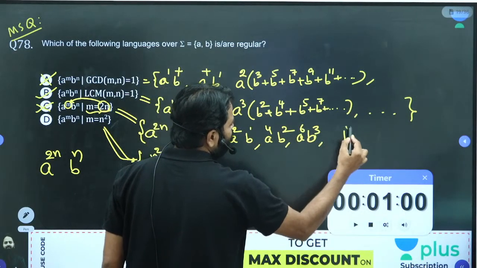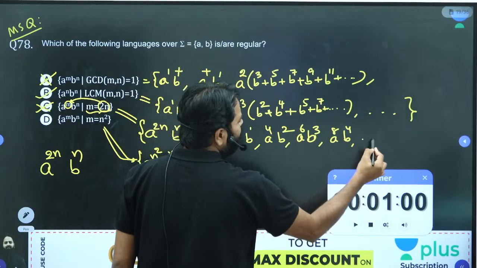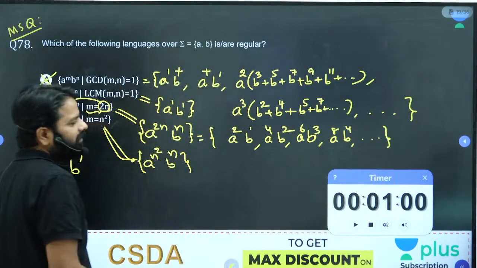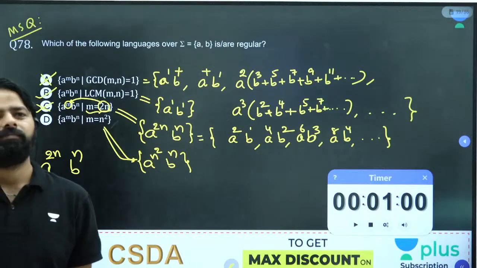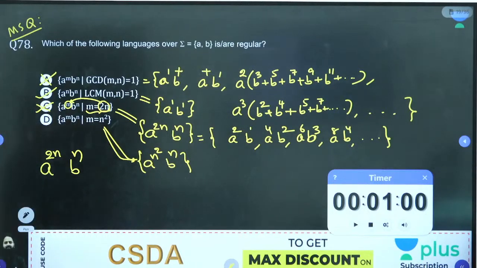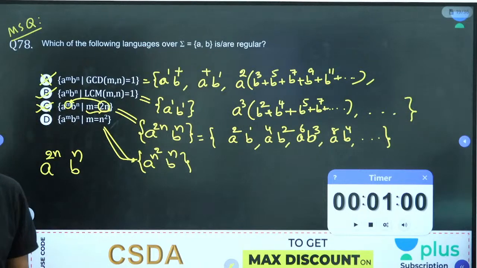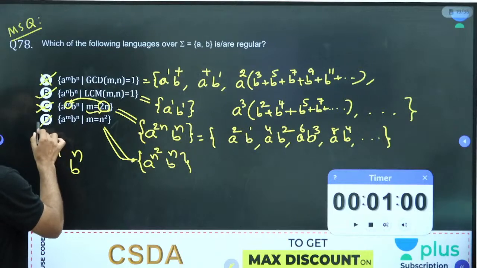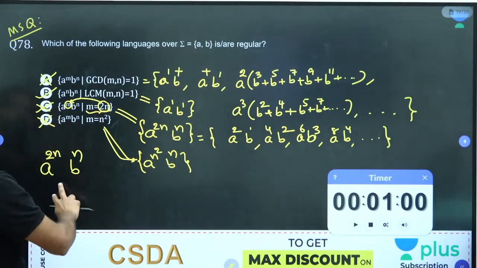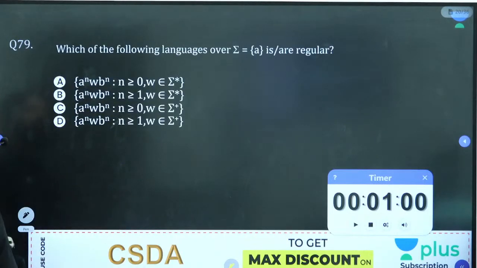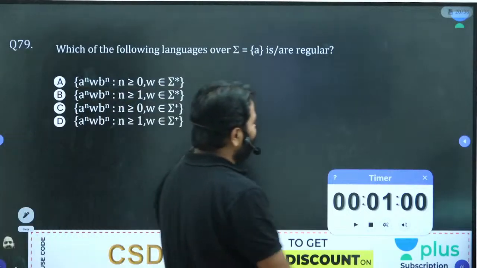If it is b power 4, it should be a power 8. There is a connection between the strings, right? Okay, yeah. A power even, b power odd is different. This is different. Only B is right. Very different question.